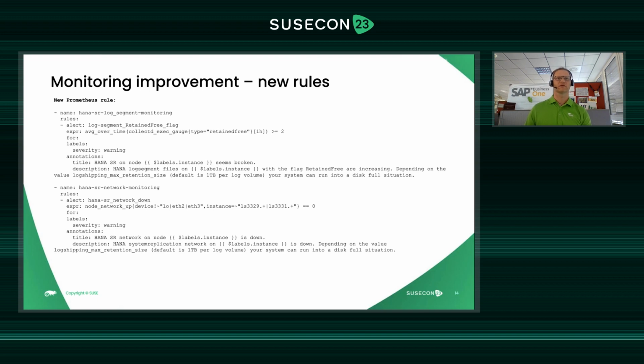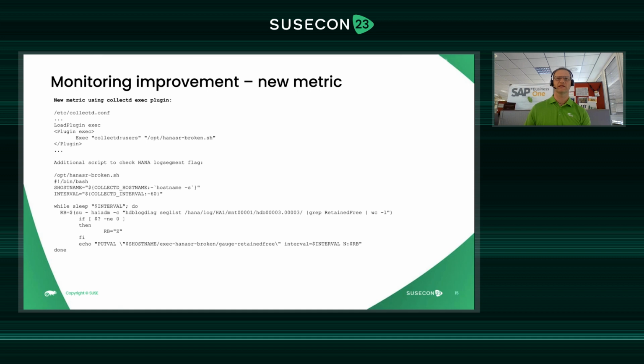And the second one, they have used collectd with a script. collectd has the opportunity to run a small script and create a new metric based on this. And we can capture the status of the log segment files.